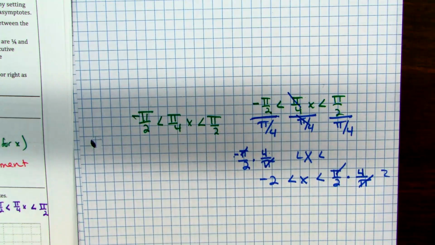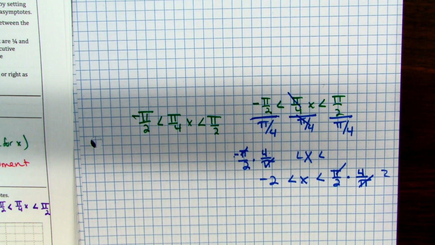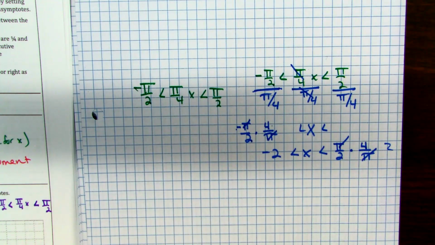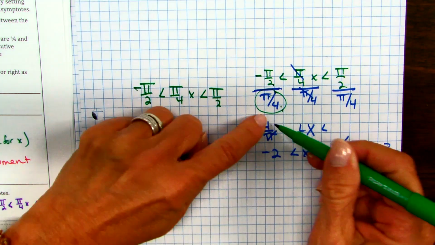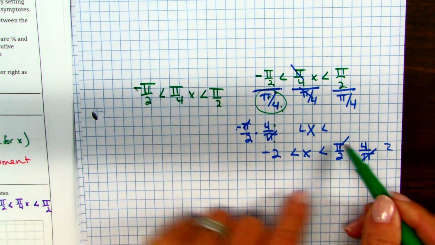What did I actually do? No, I didn't multiply by 4. Multiplied by what? 4 over pi. Guys, that's what I did. I multiplied by the reciprocal, right? I flipped pi over 4 to 4 over pi.